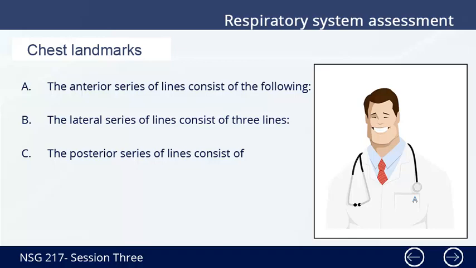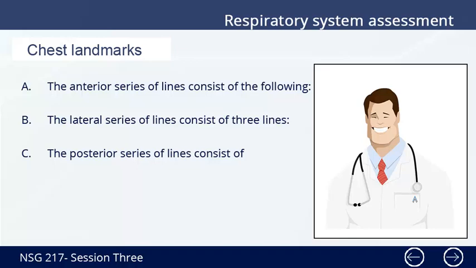A. The anterior series of lines consists of the following. 1. The mid-sternal line. This is a vertical line that runs through the center of the sternum. 2. The mid-clavicular line, right and left. These are vertical lines from the midpoint of the clavicles.